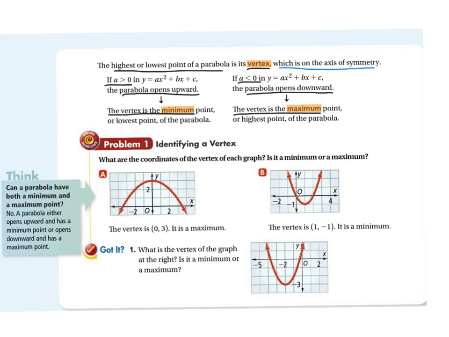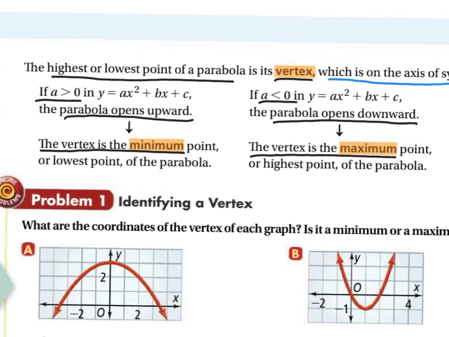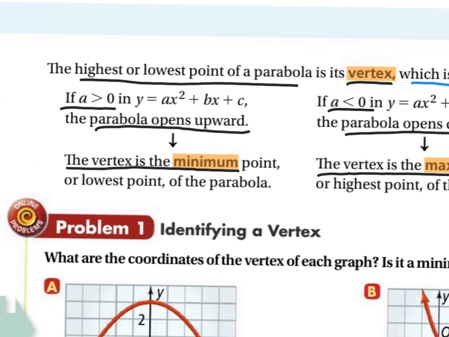On a parabola, we have some special names for some things. The highest or lowest point on the parabola is called a vertex. This is a different definition of vertex. We've talked about vertices before with three-dimensional figures, where they were the corners. This obviously is not a three-dimensional figure, but it's the highest or lowest point in the parabola.